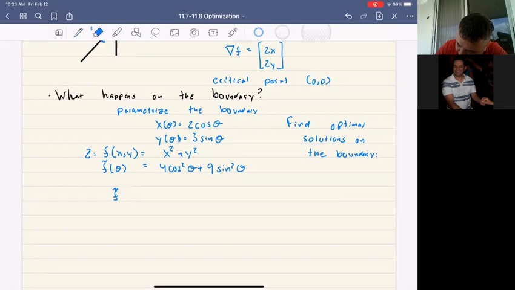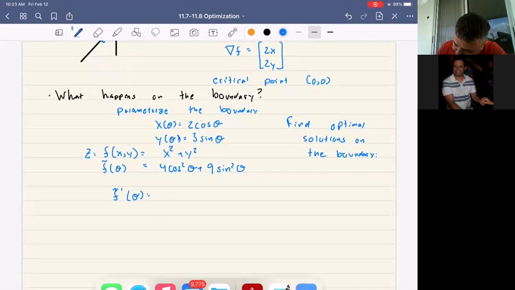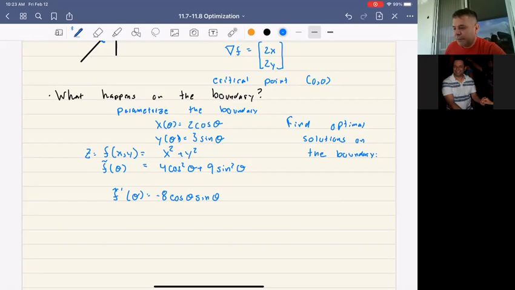That's negative 8 cosine theta sine theta plus 18 sine theta cosine theta, which equals 10 sine theta cosine theta, which, remember, sine theta cosine theta is 1/2 sine 2 theta.